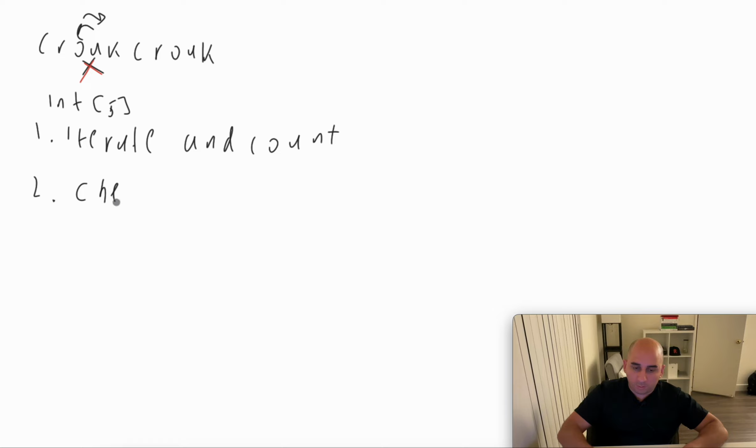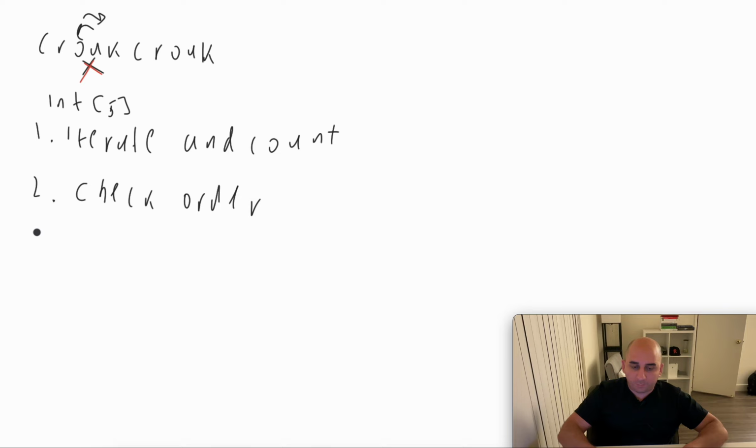What does that mean? It means that the number of R's at any time should be equal or less than the number of C's, and the number of O's at any time should be equal or less than the number of R's. Otherwise we are going to return -1.